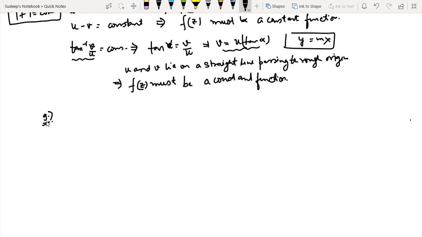Just give me a minute, I'll write it once only. Okay, so this we've done. Another result I've already given to you, so I'm not writing that up. A few important results I want to really jot down so that you don't get confused time and again.